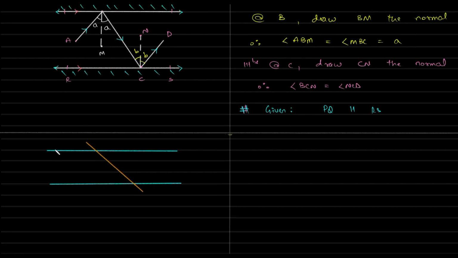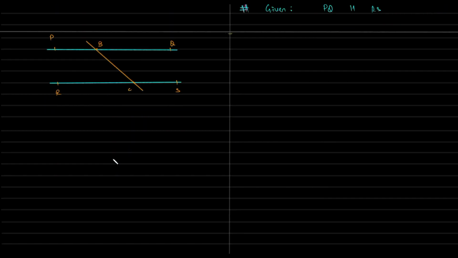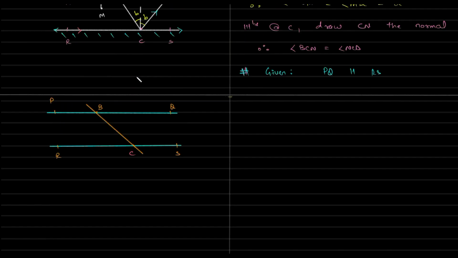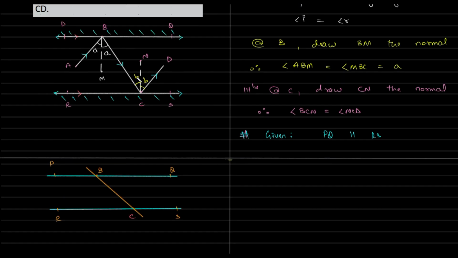So we have RS, and that's C. Then we have PQ, and that's B. Okay. Now, what do we do? How do we go about it? Think.